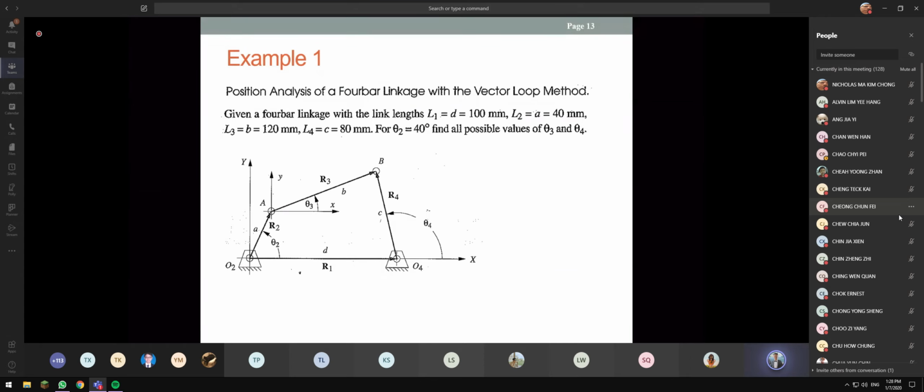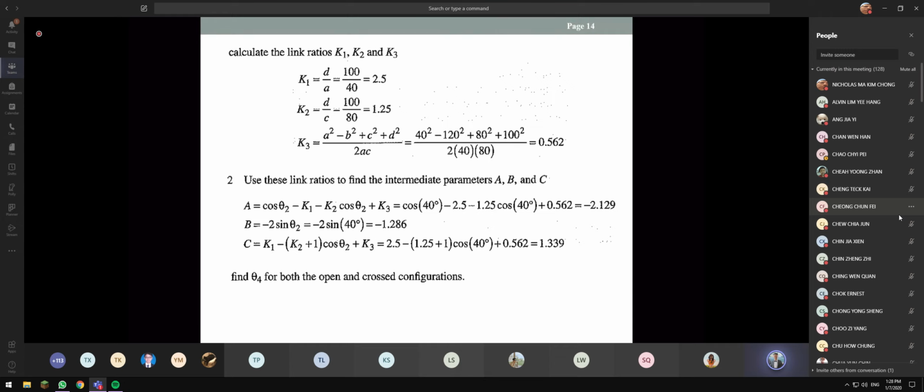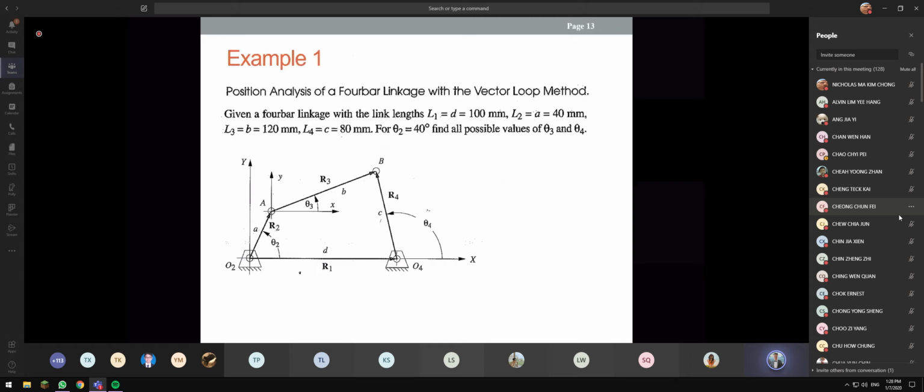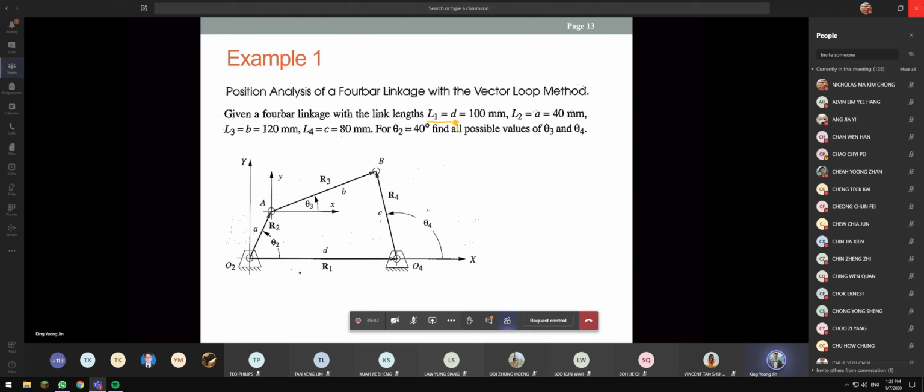To understand it better, maybe we look at the example here. We have the very same setup, a 4-bar linkage. Given a 4-bar linkage with link lengths, you can see he gives L1. Remember L1 is D, not A. So it's 100 millimeters.